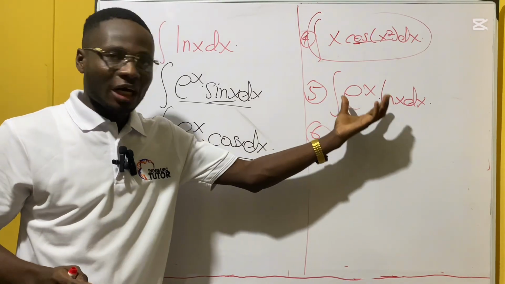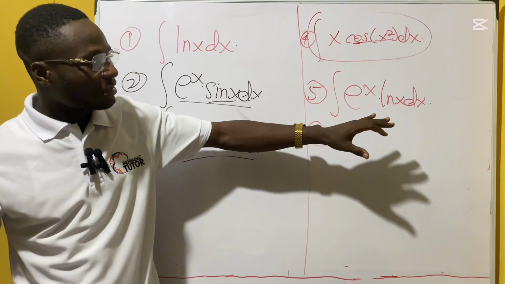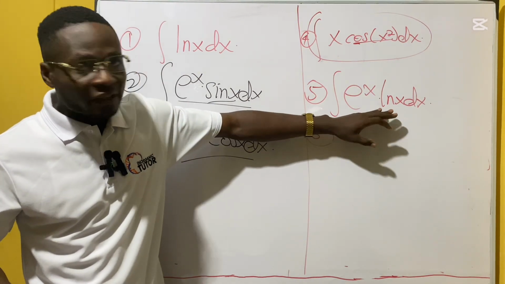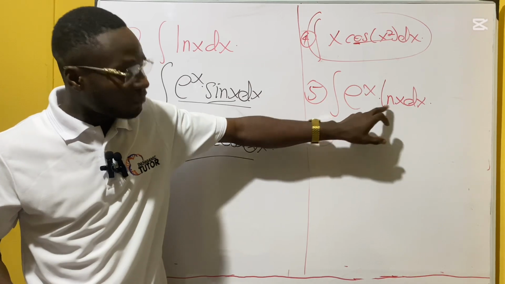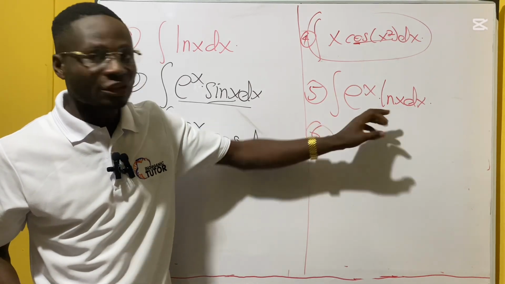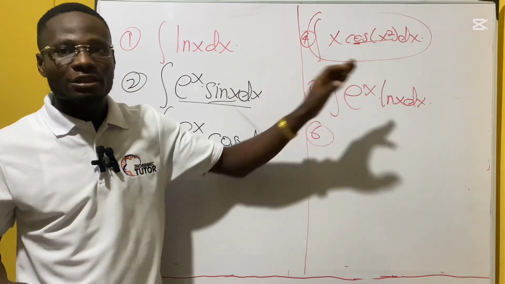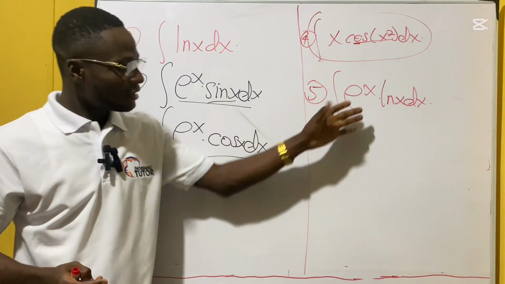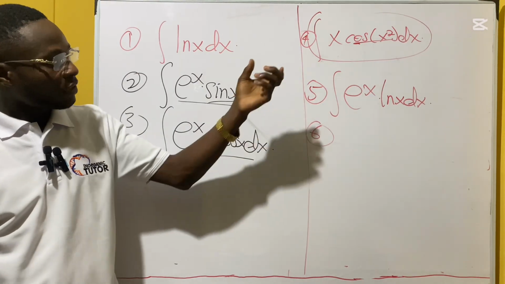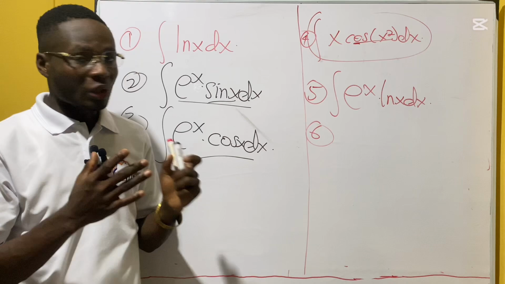You cannot use the tabular approach to solve this kind of problem, because when you choose ln x as your u, you cannot differentiate ln x to a constant. So this is another function that you cannot use the tabular approach to handle.